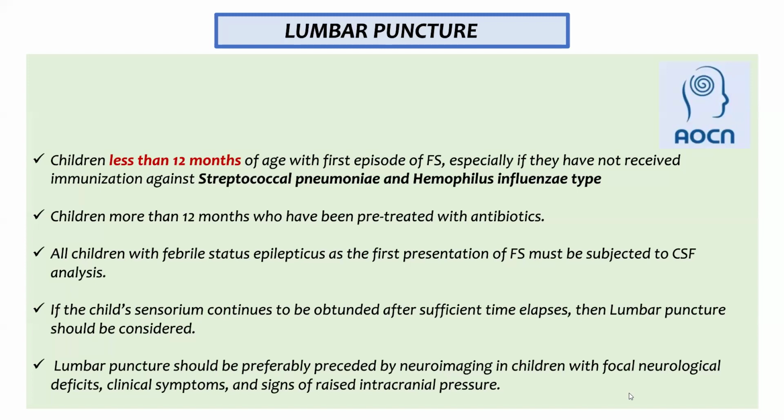Some of them do not know the history of vaccination, or you don't have documentation or an immunization card, and you can't be sure that they have been vaccinated. Now we have a national schedule which includes the pneumococcal vaccine, so we don't have a problem, because Haemophilus was included from before as well. So here again, the call is with the clinician.